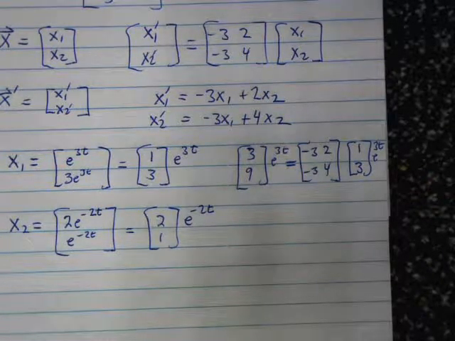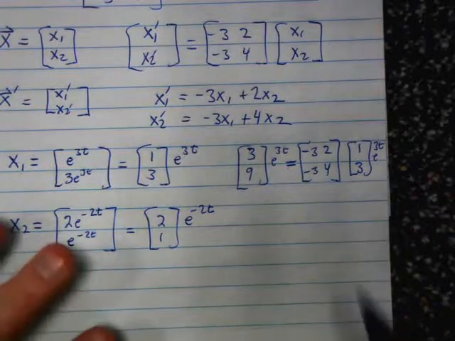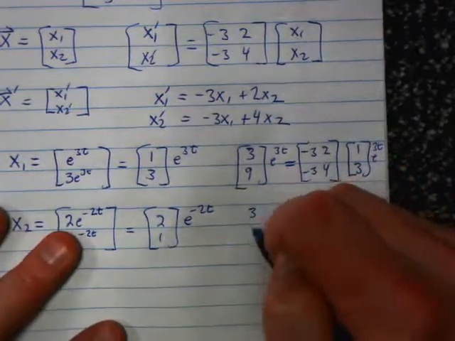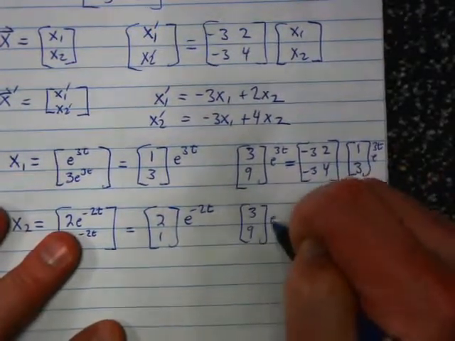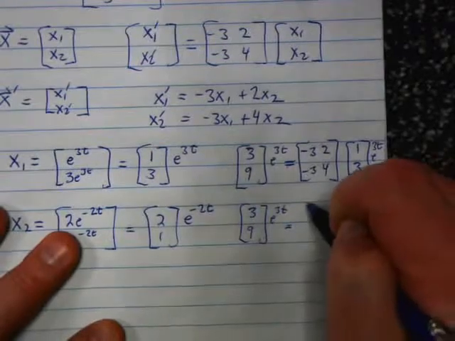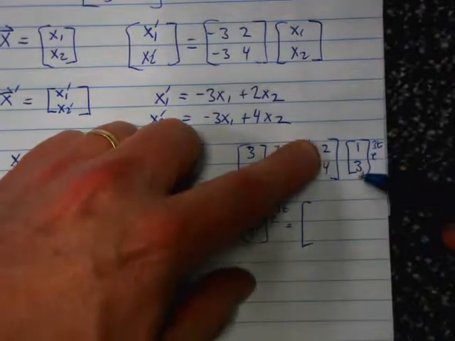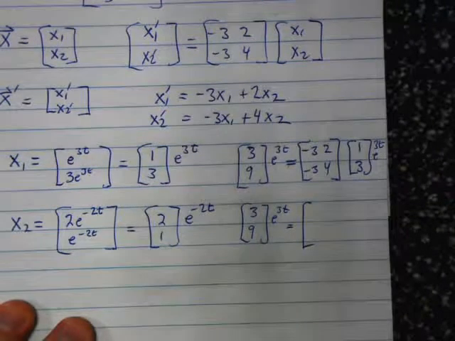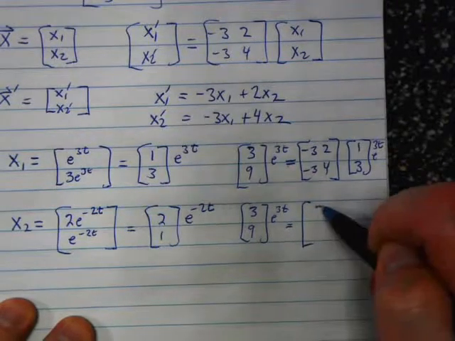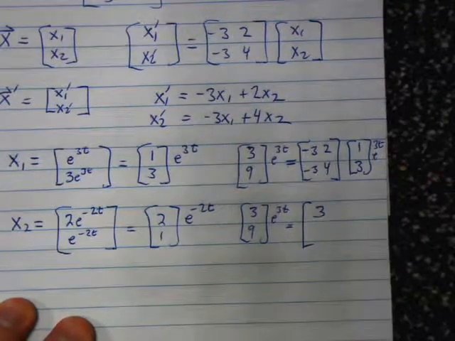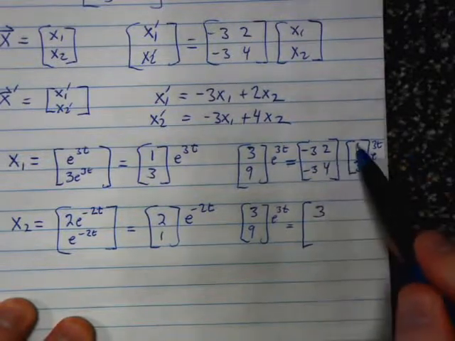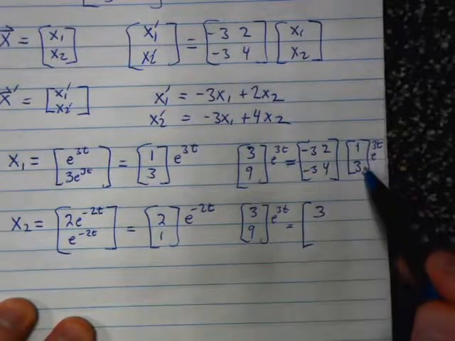Well, we just have to multiply our matrices on the right-hand side and check. We have 3, 9 e to the 3t equals negative 3 times 1 plus 2 times 3. 3, because it's negative 3 plus 6. And then we have negative 3 times 1, which is negative 3. 4 times 3 is 12.